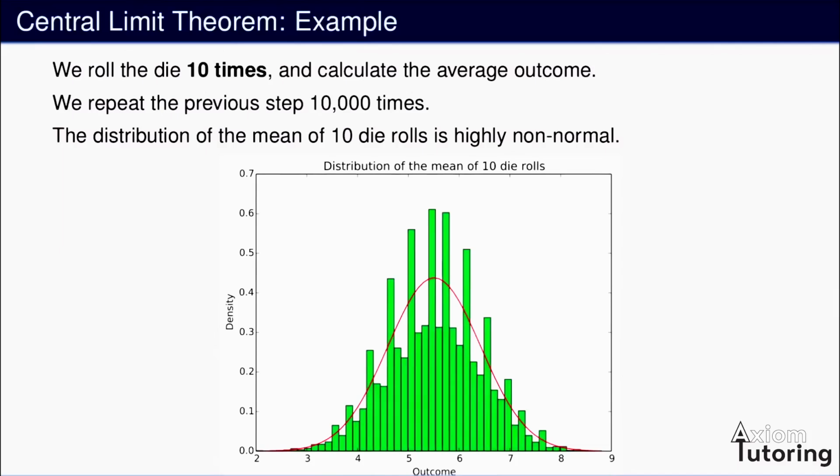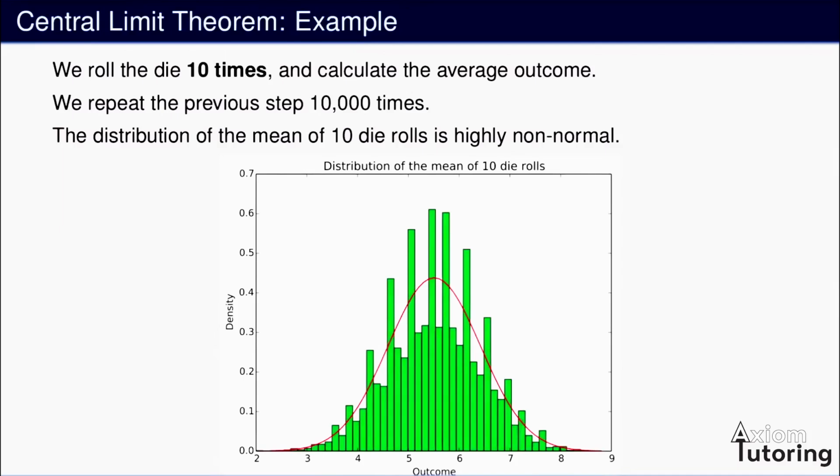Now, we can see that there are peaks at different values, which are clearly above what a normal distribution with the same mean and variance would be, but we can already see that it looks a lot more normal. It's not fully there, but for example, at the tails, it's working pretty well.